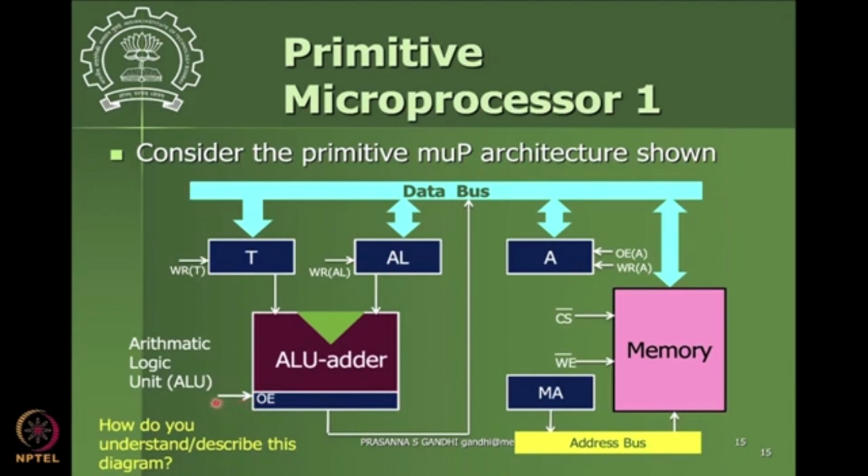When you put this output enable pin high for this register, that added value will be available on the data bus. So you can have only this one-way direction, the data coming onto the data bus; you cannot write in this register otherwise. Like that, some understanding can be built by reading such diagrams.